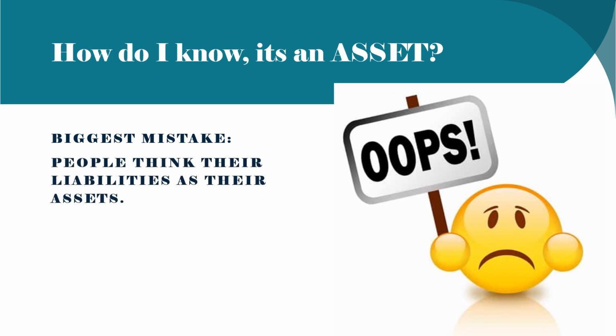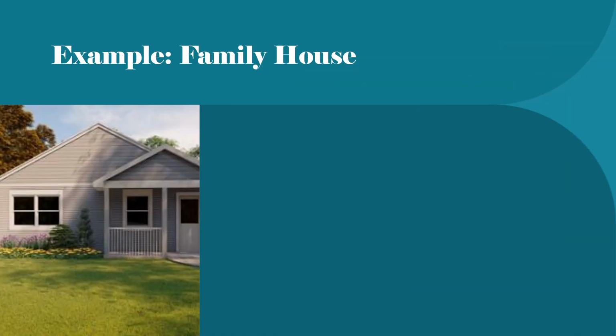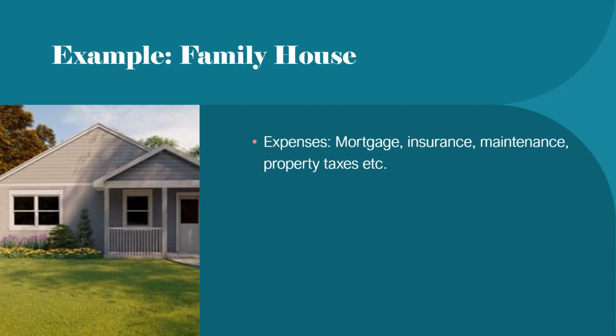To answer the previous question, let's take an example, the family house. Now let's see what happens when you buy the family house. When you buy a house by giving some down payment, you have more expenses coming in, in the form of mortgage, insurance, maintenance of the house, property taxes. Now, after you have paid off all the mortgage, you still have the rest of the expenses.